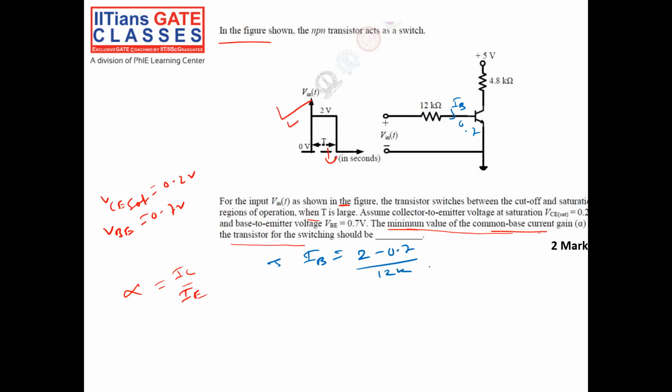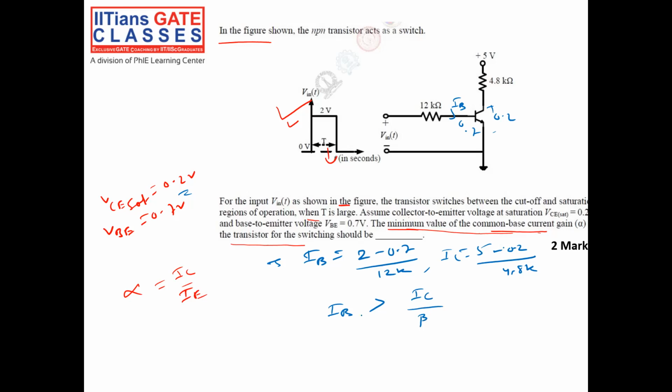And IC is equal to 5 volt minus 0.2, which is given, divided by 4.8K. Okay, so I know IB should be greater than or equal to IC by beta in saturation, right?